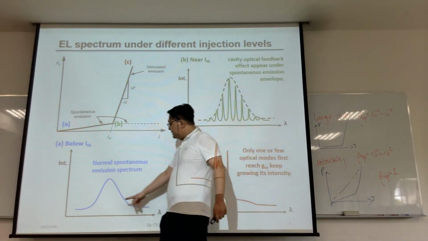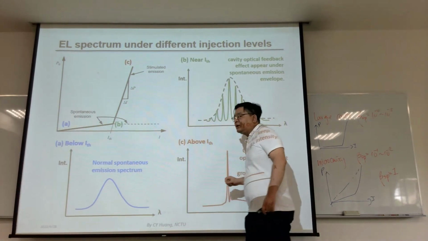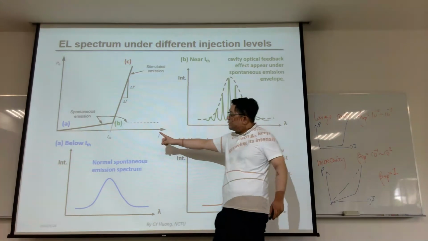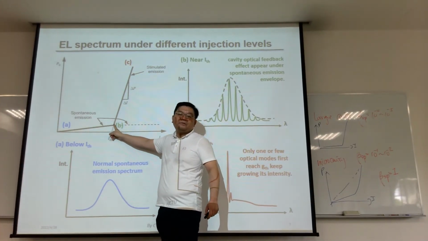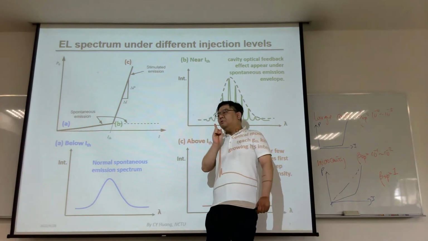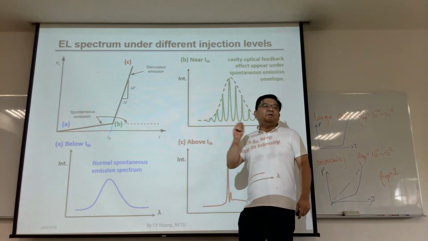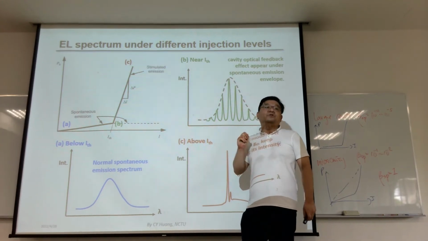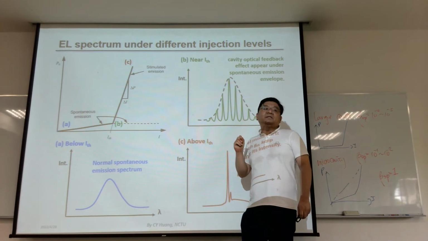So it will be a small profile like this. But while the intensity increases, it is approaching the threshold value. Some of the photons will start to run a round trip and be pretty close to their original value. It's called constructive interference, 建设性干涉.